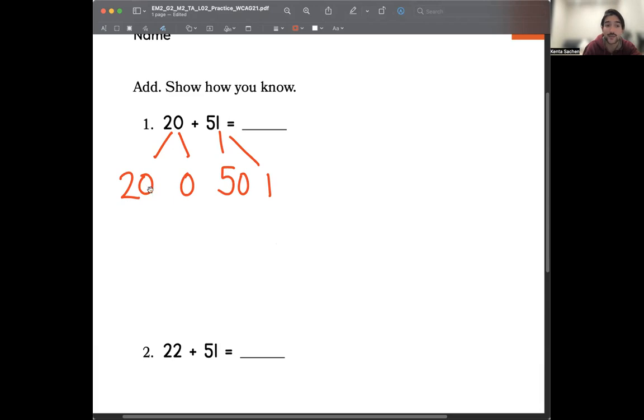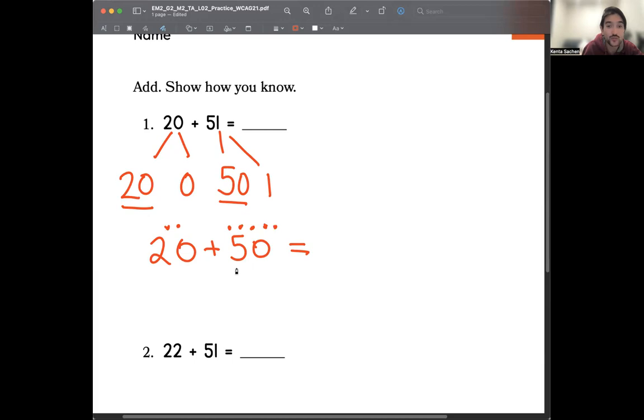Our next step is to add our tens together, our 10 numbers. So let's write down, we're going to do 20 plus 50, or 2 tens and 5 tens. Now, at this point, if you want to draw dots to make it easier to count, we can do that, right? 10, 20, 30, 40, 50, 60, 70.